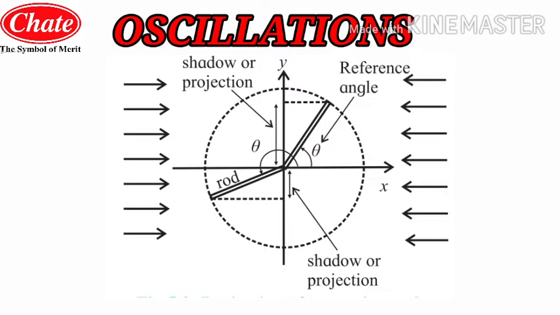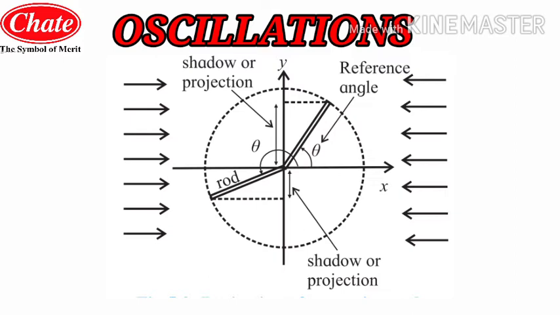Now the rod is illuminated parallel to the x-axis from either side by a linear source parallel to the rod.